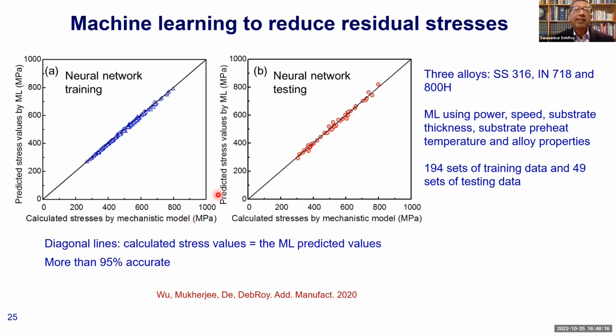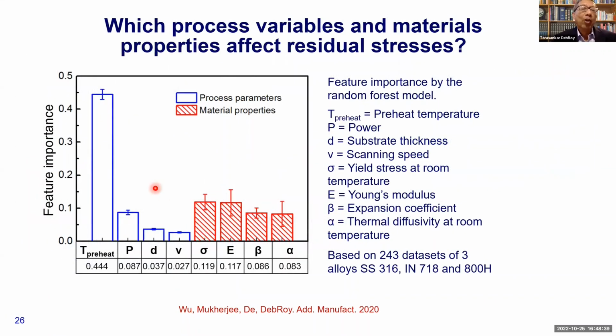And after the neural network has been validated and adequately tested, we can use it to get mean values of maximum longitudinal residual stress and other parameters. We can also figure out which parameters are more important and which are less important for developing residual stress. Feature importance, if you will.